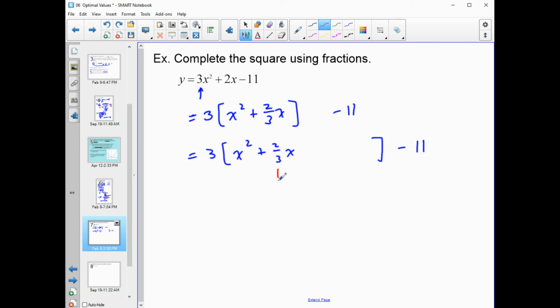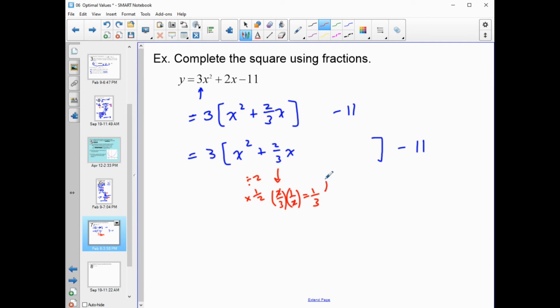I take 2/3 and I divide it by 2. But dividing something by 2 is the same as multiplying something by 1/2. So I take 2/3 multiplied by 1/2. 2 divides out with 2, and I actually end up with 1/3.